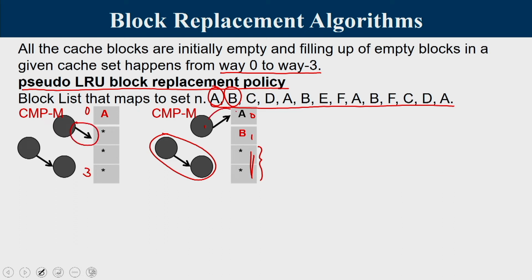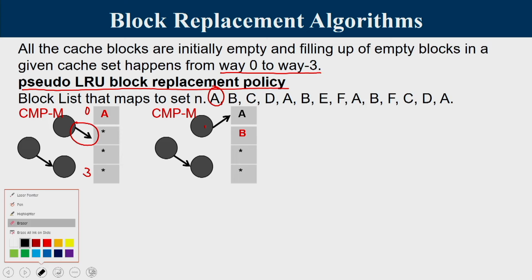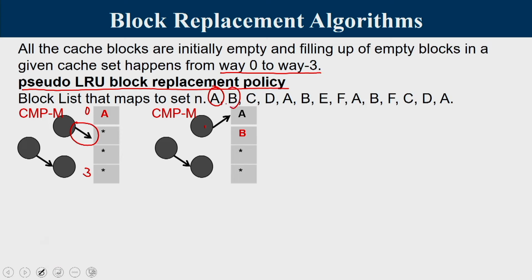In this case, the arrow is going up, because when I access B, out of these 2, the upper one, way 0, will now be the least recently used block. So, after accessing B, the pseudo LRU tree looks like this, where the root is pointing down, and the upper child is pointing to A, because after accessing B, A is the least recently used one.